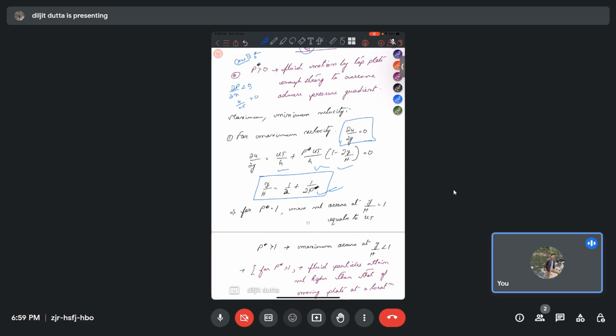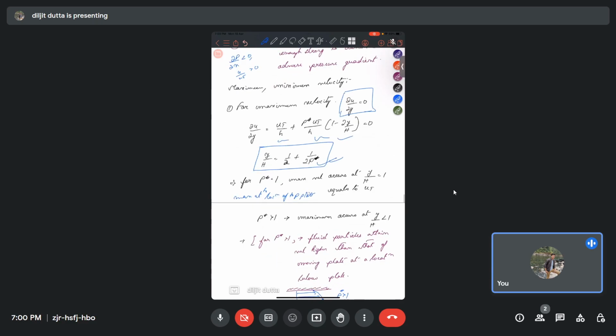So at P star equal to 1, what will happen? When P star is equal to 1, then the maximum velocity occurs at y/h equal to 1, so it will occur at the location of the top plate. The second case is P star greater than 1.